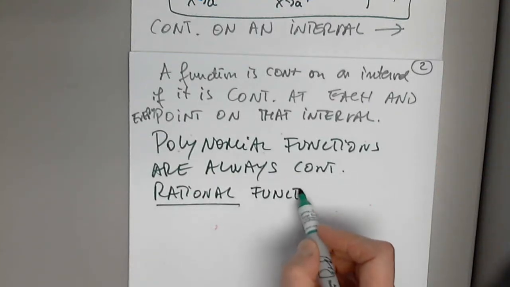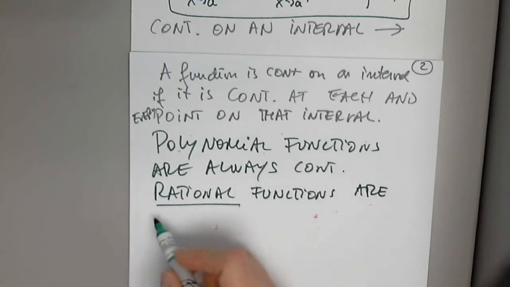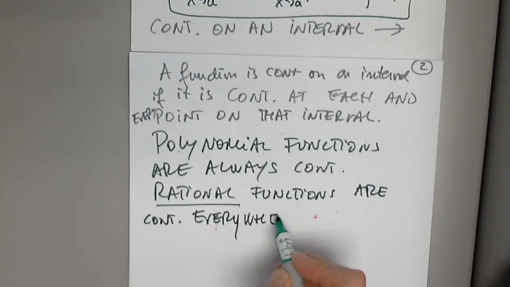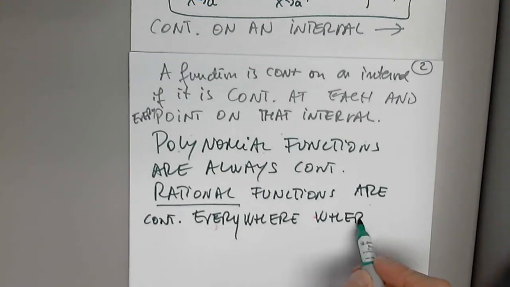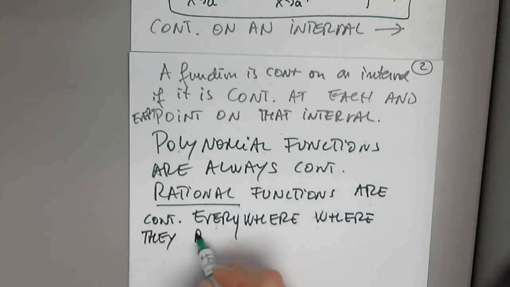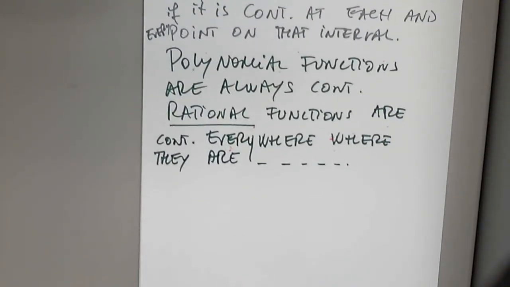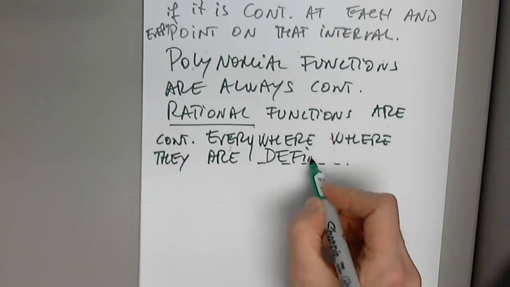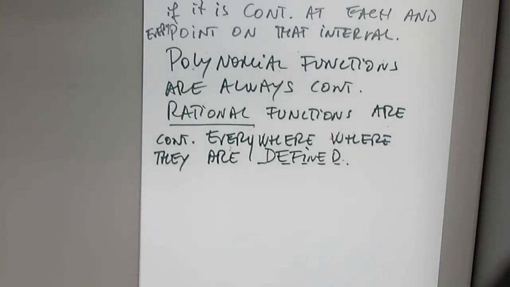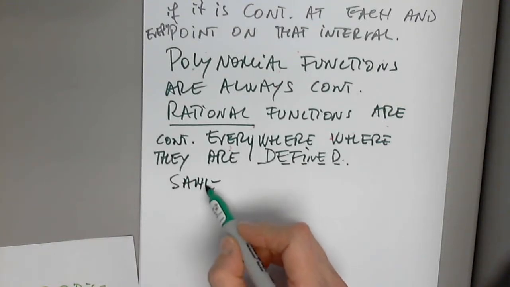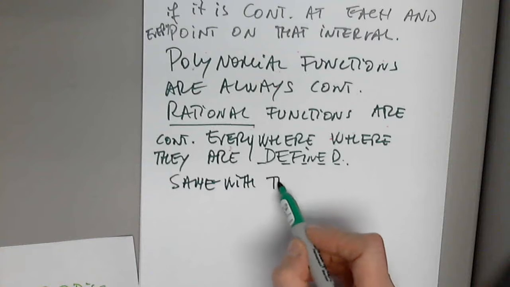Rational functions are continuous everywhere where they are, of course, thank you, defined. Absolutely. Same with trig functions.